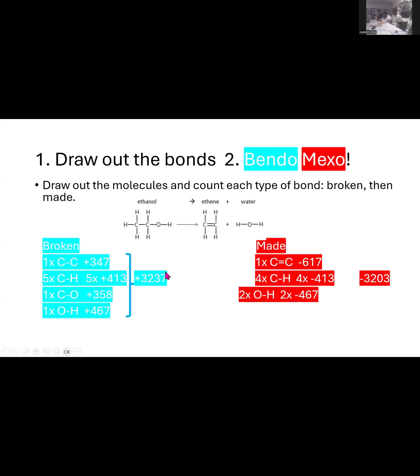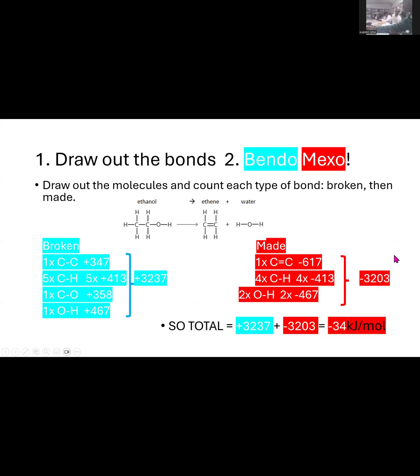So everything on this side is 3237. Everything on this side is 3203. These are positive. These are negative. Then I just total them. So I say 3237 minus 3203, and it comes out as negative 34. Negative 34. That means it's exothermic by this small amount.